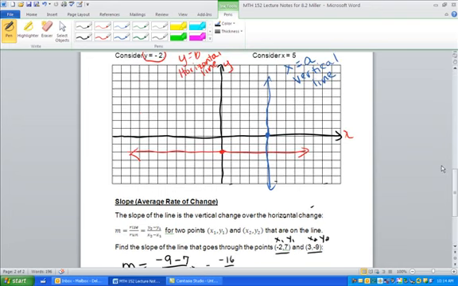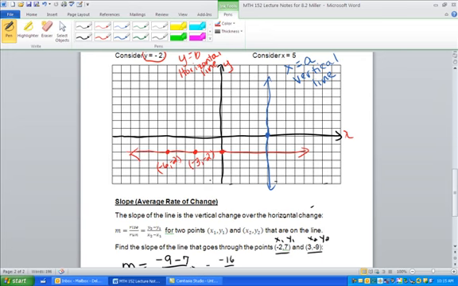Let's see if we can figure out why from this graph up here. That's one of the reasons I did this graph. Let's just take 2 points on the horizontal line. That's negative 3, negative 2, and this one is negative 6, negative 2.